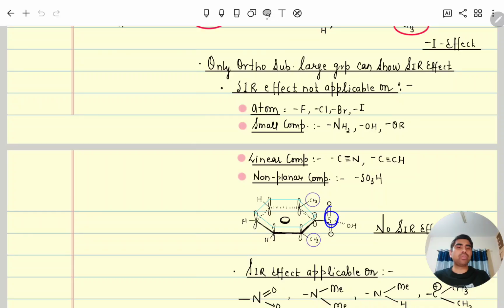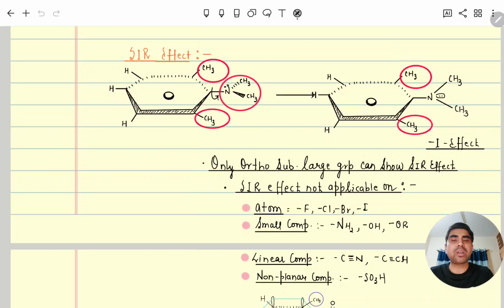So here no lone pair is there, it was already not doing resonance, it was doing minus R effect. So here that no problem at all. Here also no SIR effect applicable, but only for those compounds having attached atoms or groups, like a bulky group at ortho.